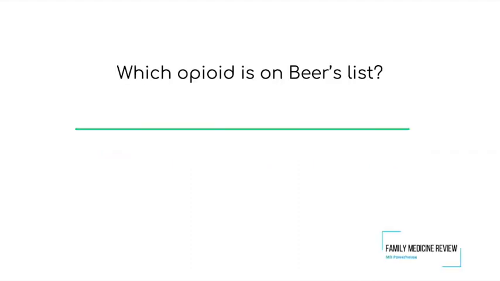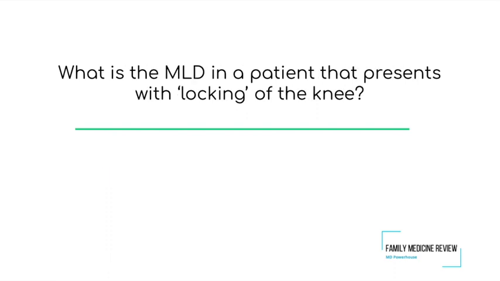Which opioid is on Beers list? Meperidine. So meperidine has active metabolites that increase the risk of seizures. What is the most likely diagnosis in a patient that presents with locking of the knee?